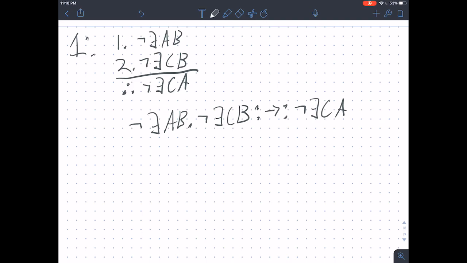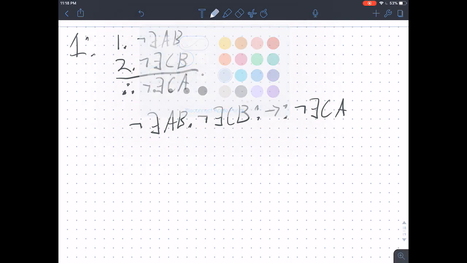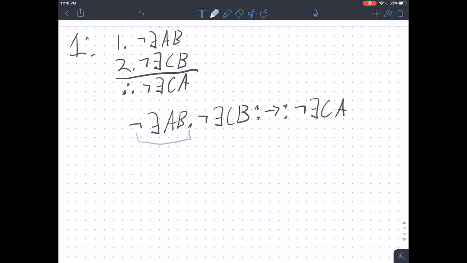Okay, so again, we do that trick where we just substitute in, and remember this has to be a not P because there's this negation sign here.